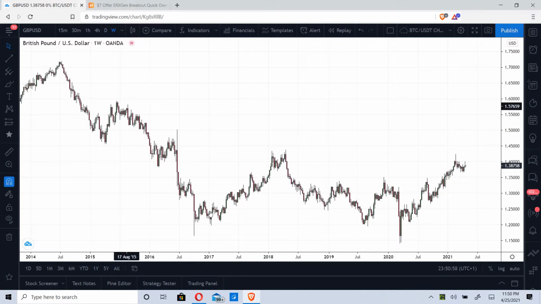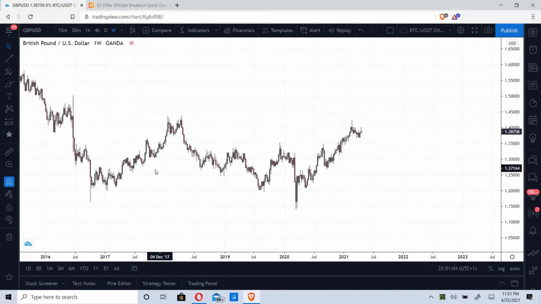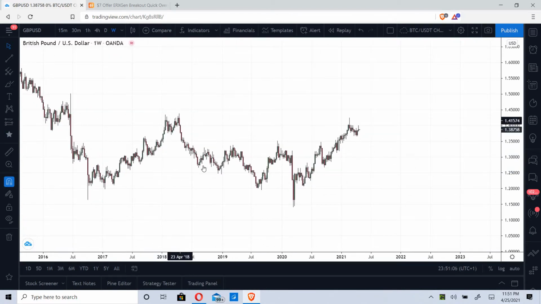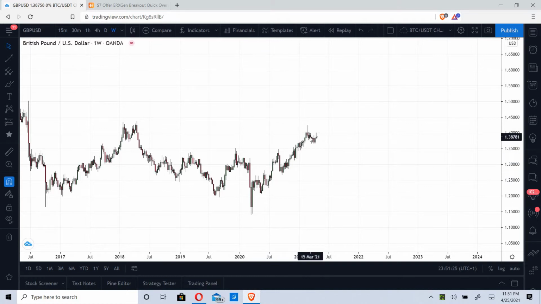I see this as a pullback from the bearish structure or sentiment. Now it's entered into a range here. You can see practically what the market is doing here is ranging. But when it got to this point, there was a breakout from that range. Now we can see a clear trend to the upside.